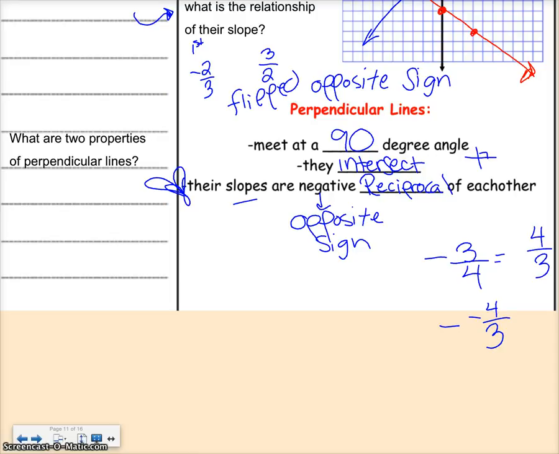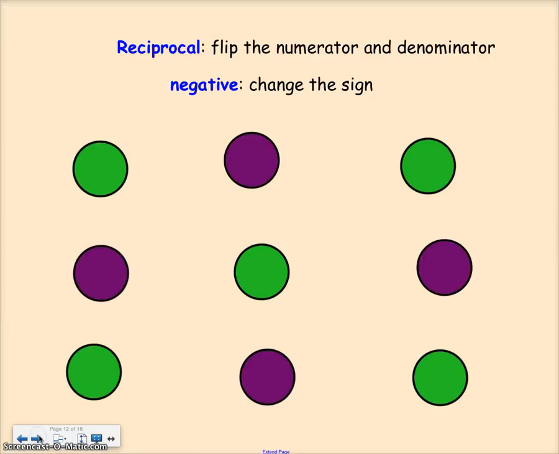One of my learning targets that I have for you is being able to identify the negative reciprocal slope, because you have to apply that today doing anything with identifying the lines and creating an equation. You do not have this page. We're just going to go through that together. So remember, reciprocal means flipping, and negative means you change the sign. It's like that opposite sign.